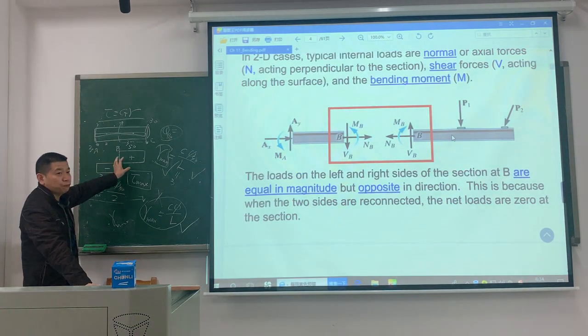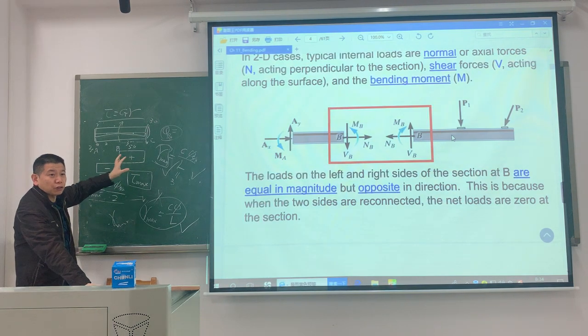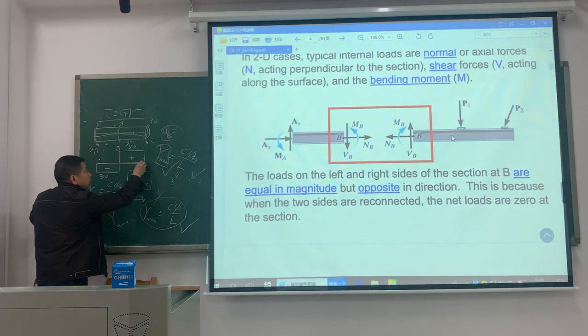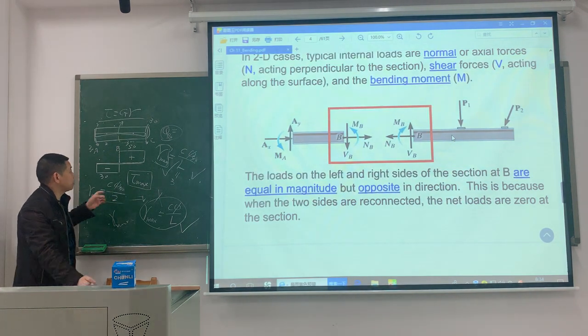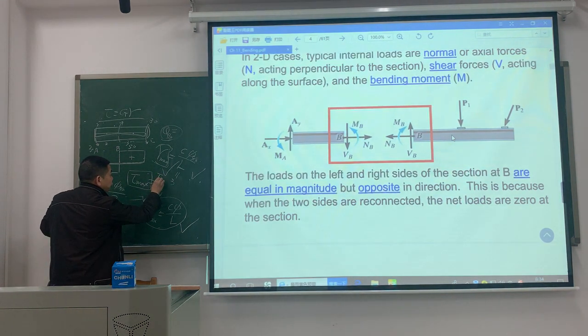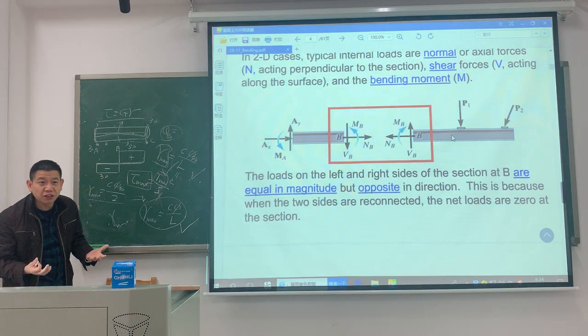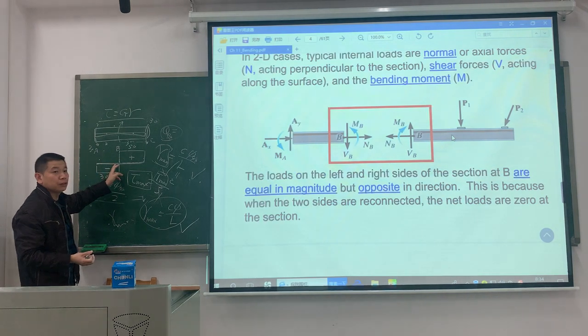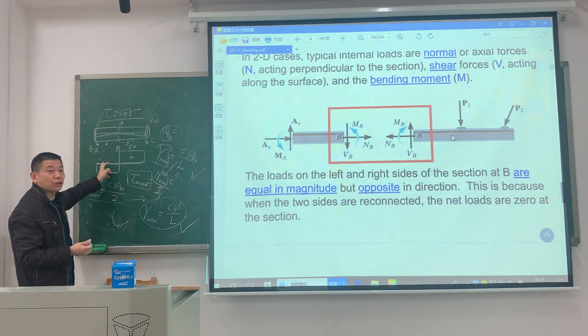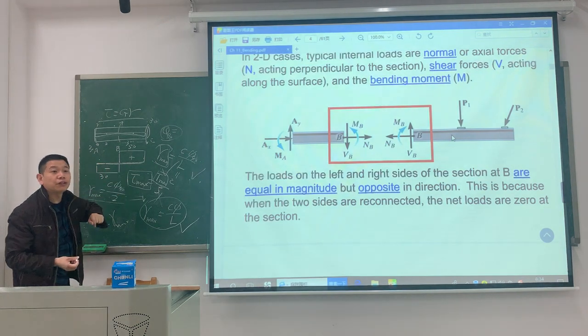You have to find the torque for every cross-section. Because the maximum shear stress is T max over J. Where is the T max? You have to know the torque in every section.